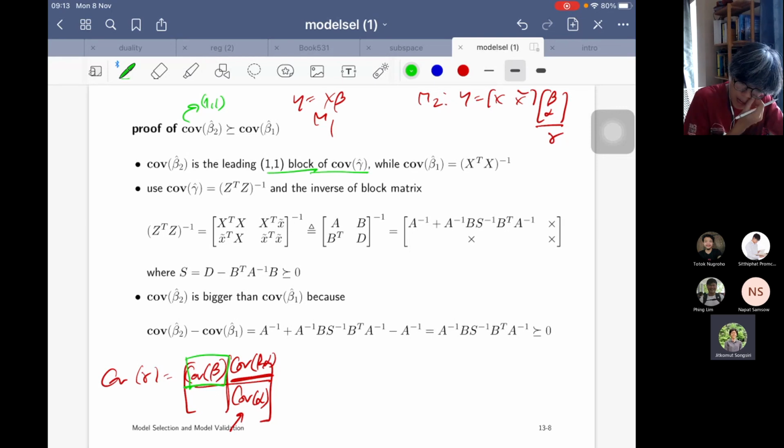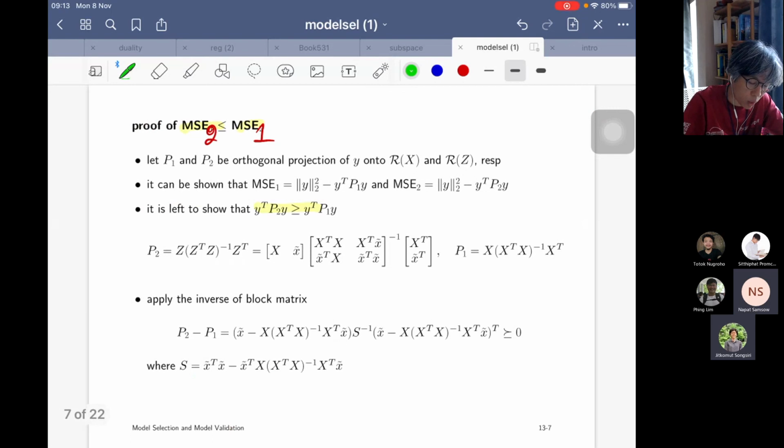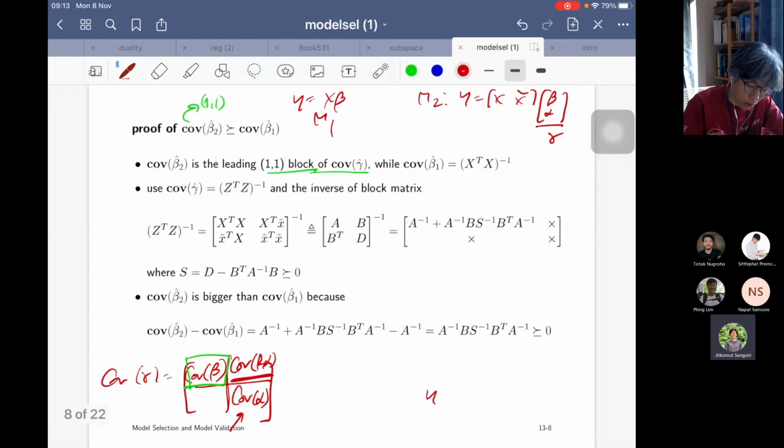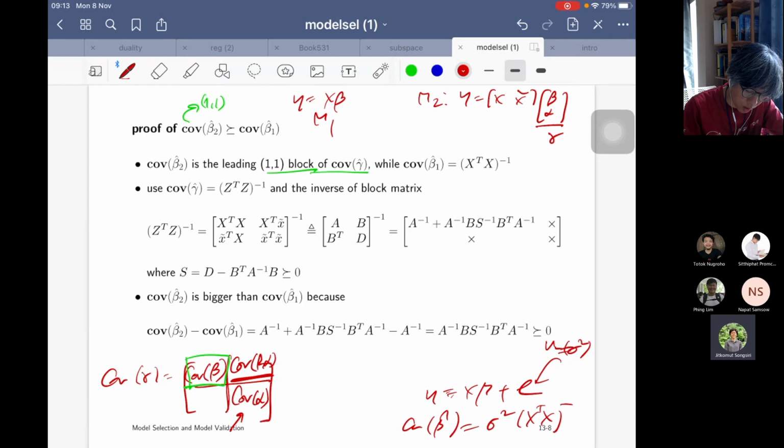Recall the result from linear least squares: when you have a linear regression model and the noise is homoscedastic with variance sigma square, after you perform the estimation, it can be proved that the covariance of beta hat is sigma square times X transpose X inverse.